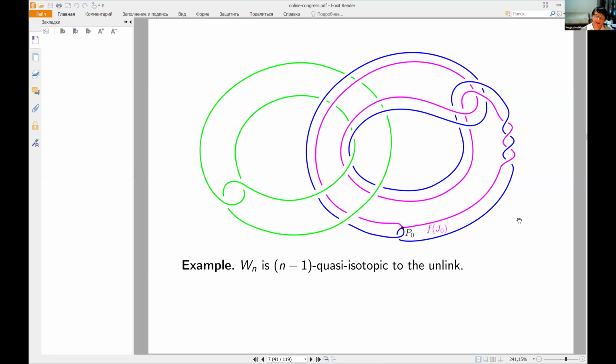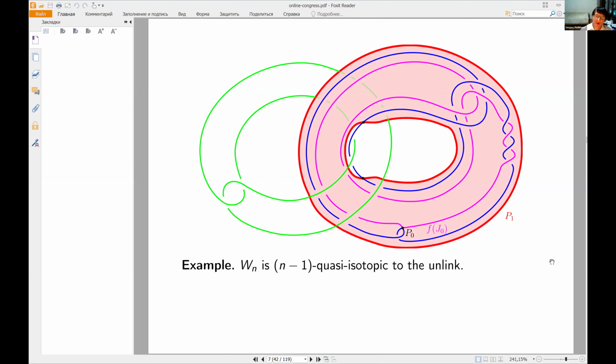And then, well, instead of drawing this disk, let me do something different. Let me draw the solid torus, which is disjoint from the green component and almost contains the entire blue component, except for a small arc.